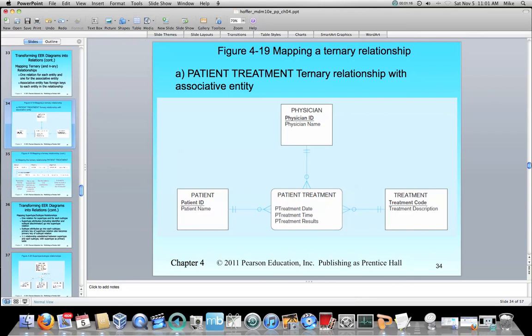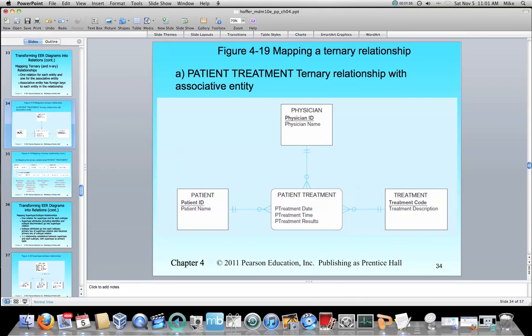We would break that down by creating an associative entity called, in this case, patient treatment, which keeps track of the patient, what physician they're working with, or list of physicians that they're working with, and what treatments those physicians have prescribed for them. Patient treatment in and of itself is going to have attributes, right? It's got date, it's got time, it's got results.